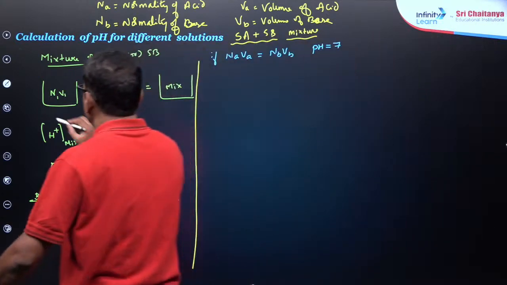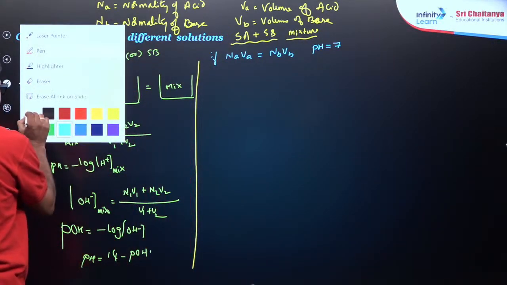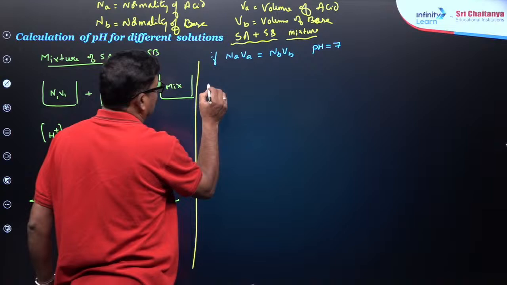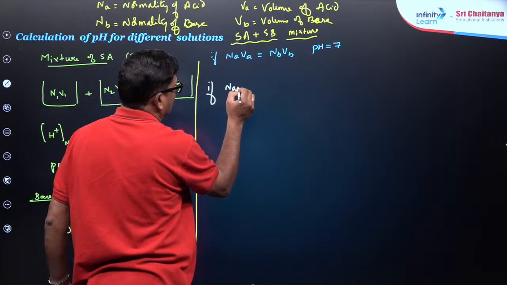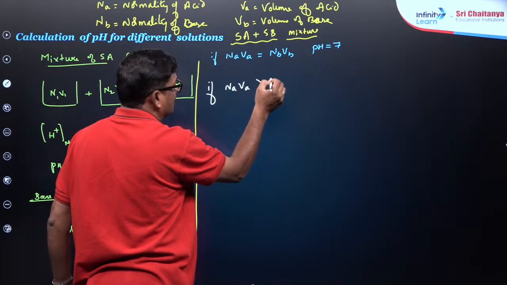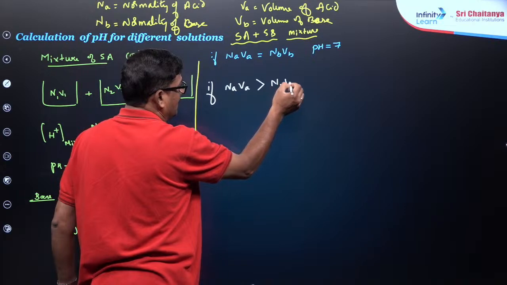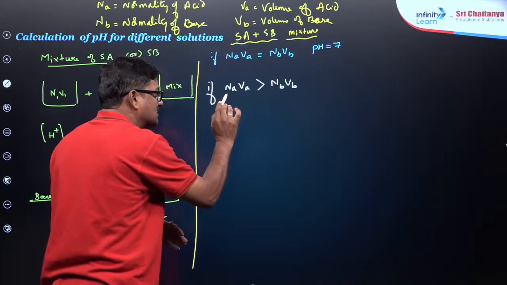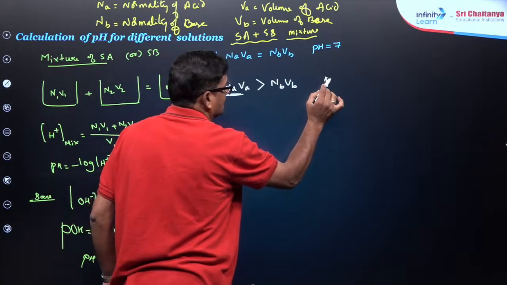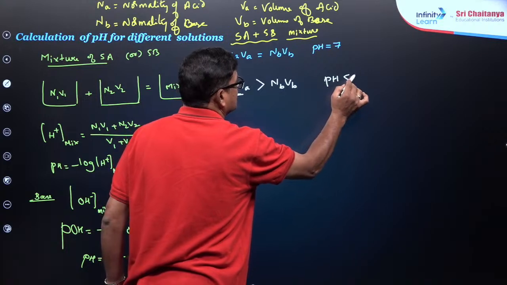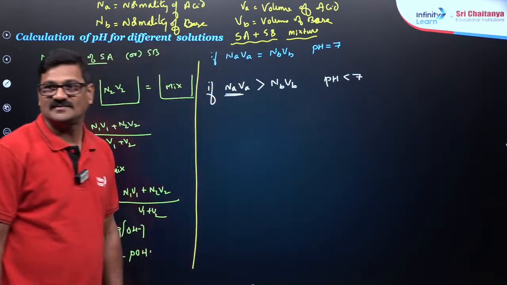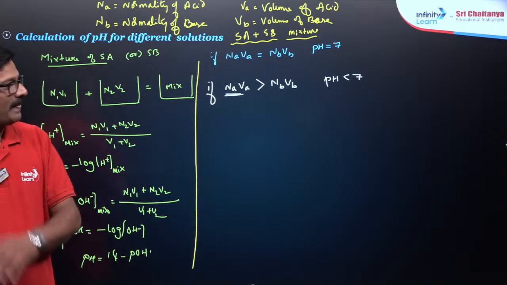Mixture of strong acid and a strong base, my dear children. Here you can see if NaVa is greater than NbVb, so acid जीत गया. So that pH is going to be less than 7. है ना? Are you getting or not?